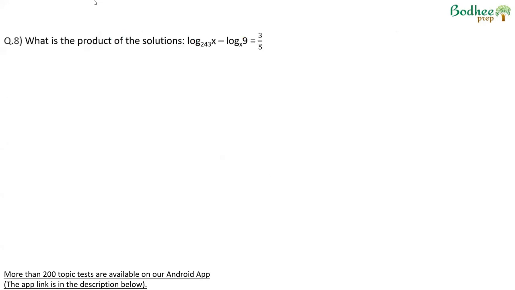What is the product of the solutions of log of x to the base 243 minus log of 9 to the base x equal to 3 by 5? This can be written as log of x to the base 243, where 243 is 3 raised to power 5, minus log of 3 square to the base x is equal to 3 by 5.